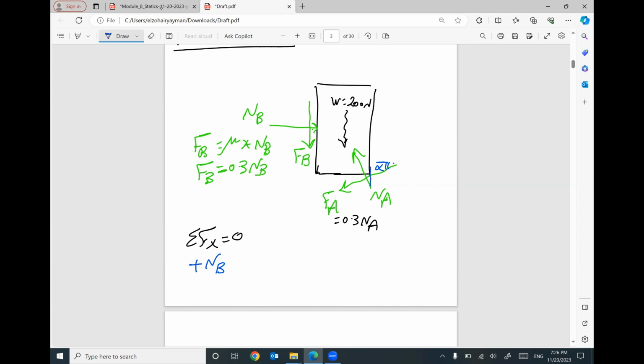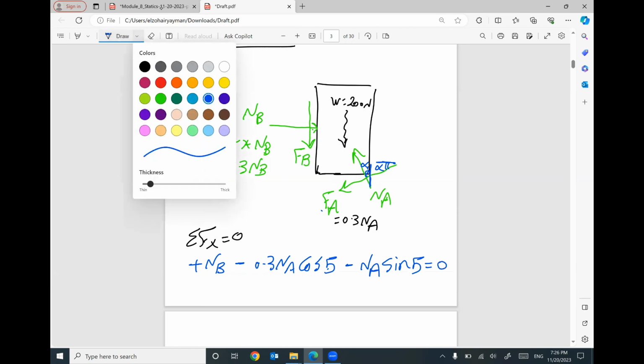And this is also the angle alpha. So for the x component, I will have negative FA, which is 0.3 NA cosine 5. And also for the value of NA, I will have negative NA sine 5 equals 0 for the x direction.